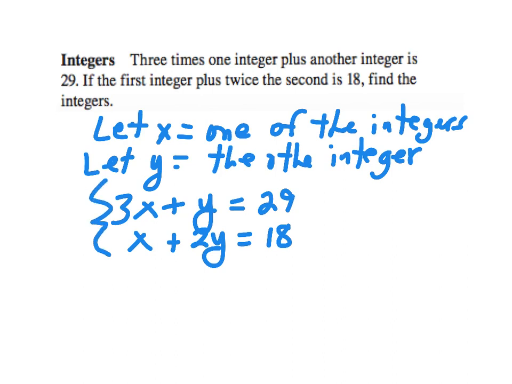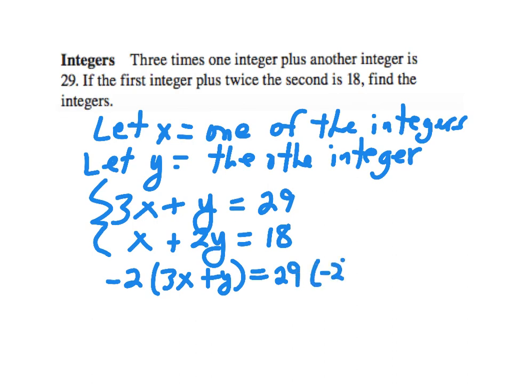So let's multiply the first equation by -2 to get the y coefficients to be opposites. So that gets me -6x minus 2y equals -58.